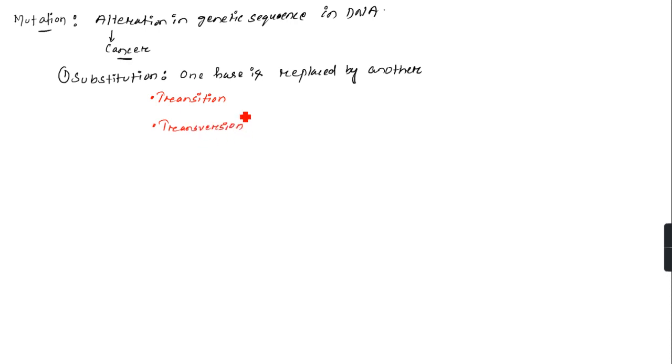What does transition mean? If purine to purine or pyrimidine to pyrimidine substitution is there, that means A may be substituted by G, G may be substituted by A, or pyrimidine to pyrimidine, that is between T and C. T may be substituted with C, or C may be substituted with T.